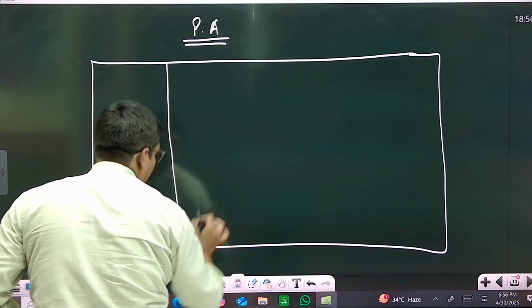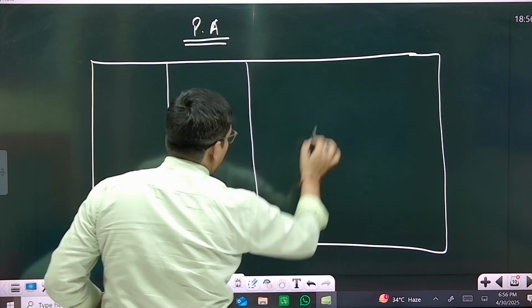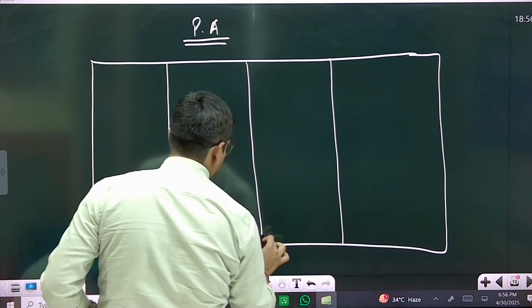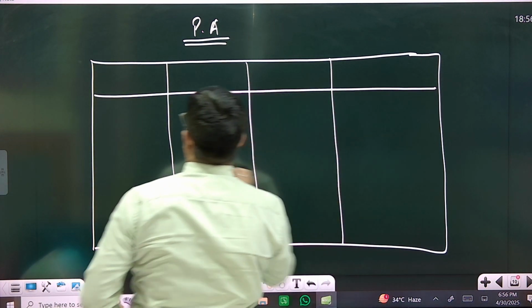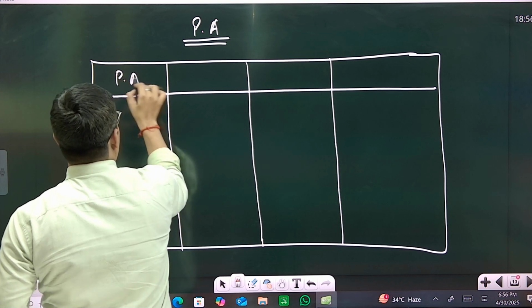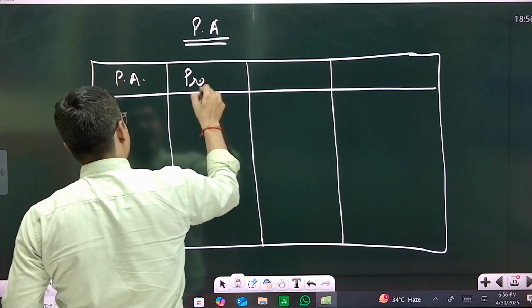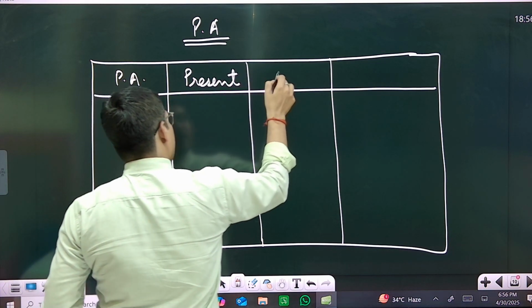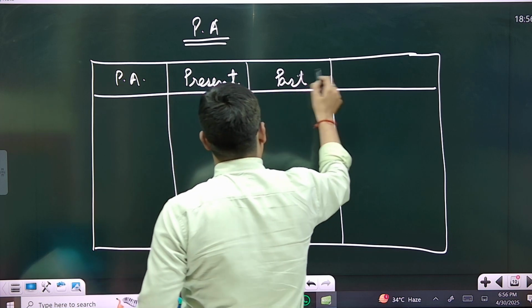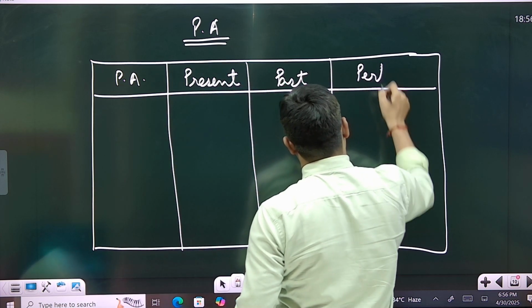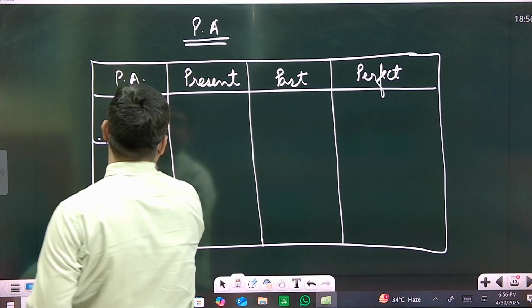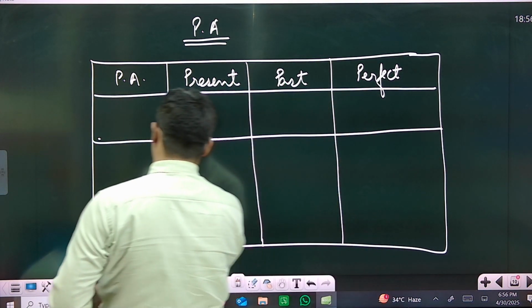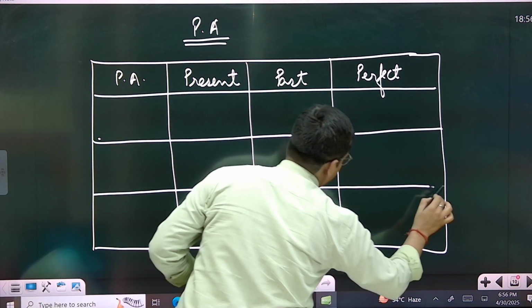Always remember it because they are going to help you everywhere. Here we have primary auxiliary: present, past, and perfect. I repeat, primary auxiliary: present, past, and perfect.